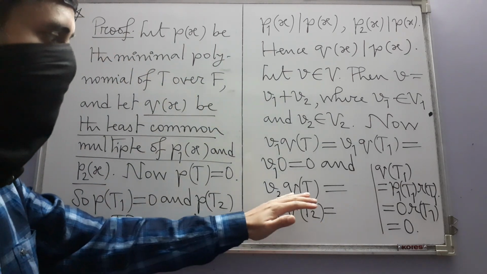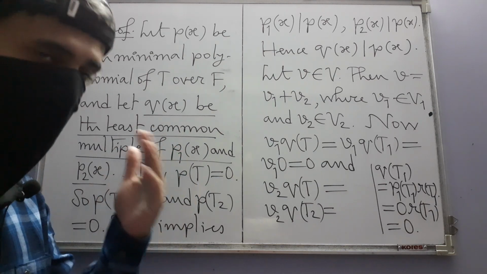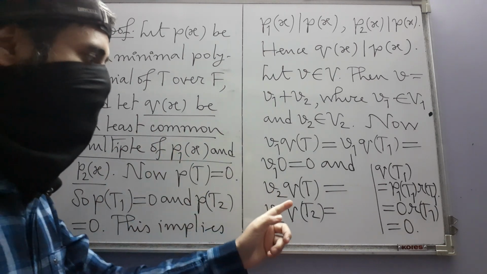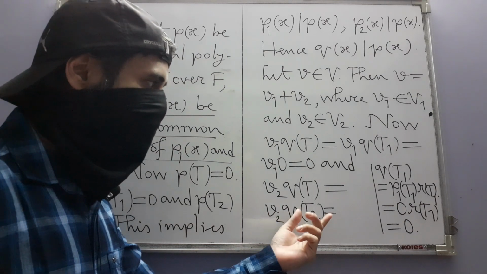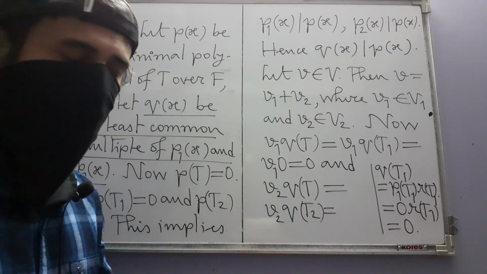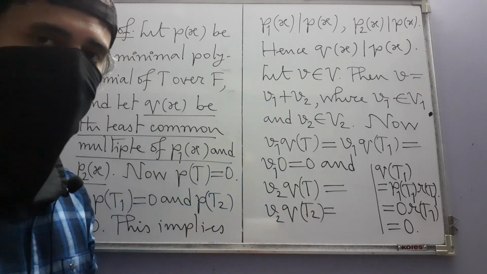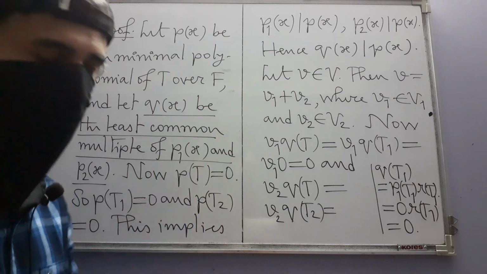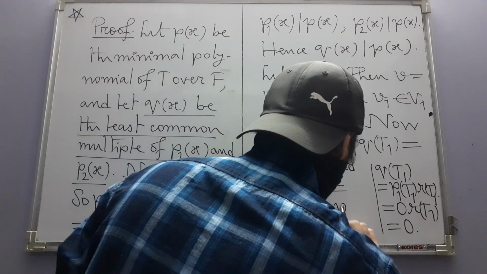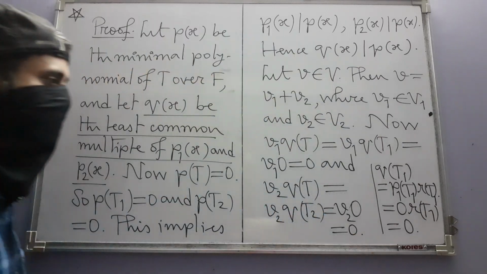But just like q is the LCM of p1 and p2, it's divisible by p1, and it's also divisible by p2, and that is why q will be a multiple of p2 as well. So if you evaluate q at t2 like that, you are going to get the zero operator, but this time on the subspace V2. So this is also getting you 0.